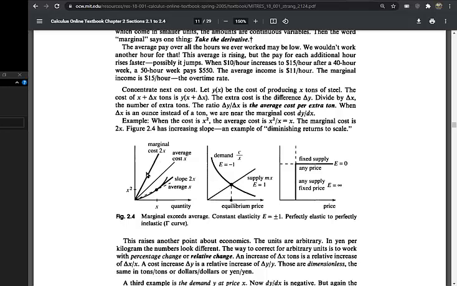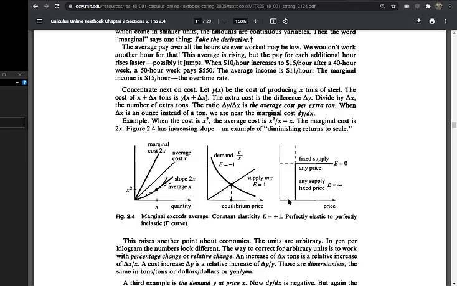Okay, so that's going up very rapidly. This is called diminishing returns to scale, basically. If you have more and more quantity, the cost goes up even faster, so your returns are going to be diminishing. It becomes more and more expensive to produce additional amounts, basically.